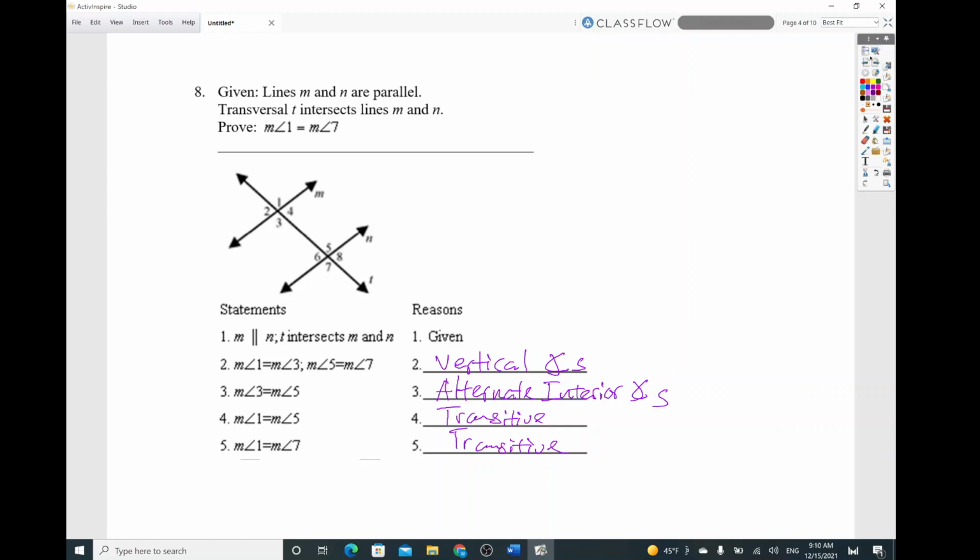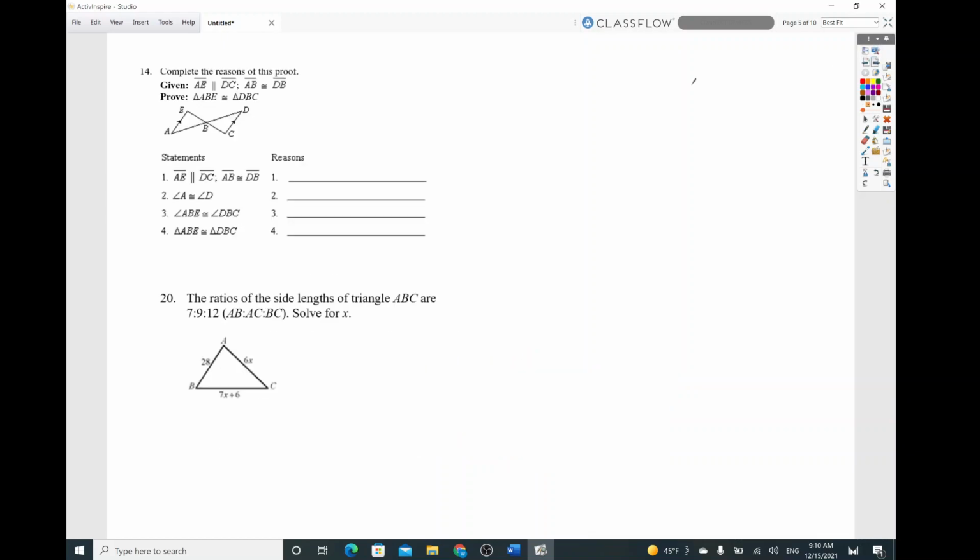Okay, now let's see what else we have. Complete the reasons for the proof. Given that AE is parallel to DC and AB is congruent to DB, obviously that's given. The measure of angle A is congruent to the measure of angle D, so this one would be alternate interior angles. I'll just abbreviate that.